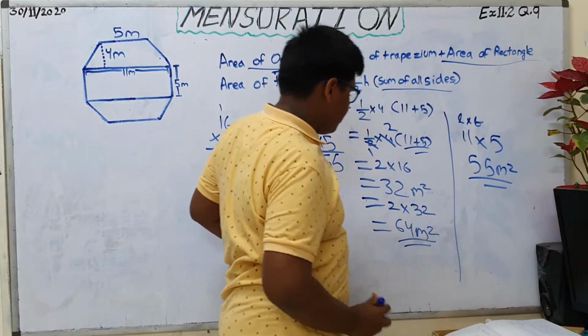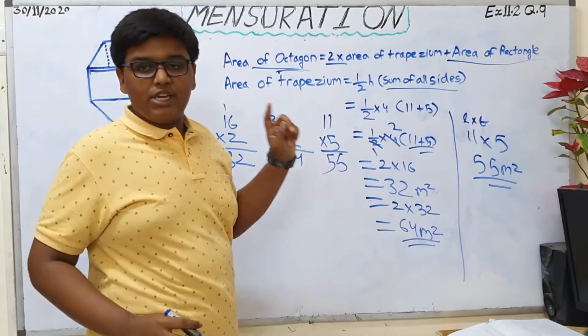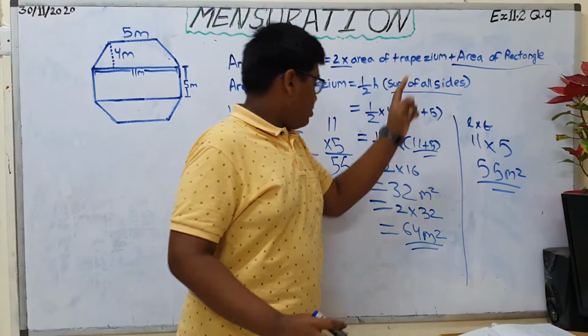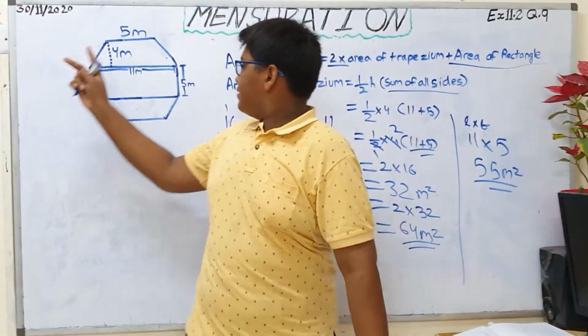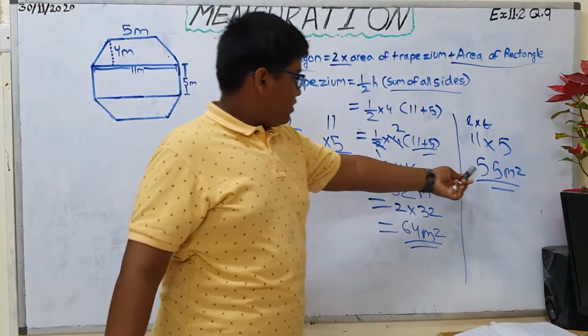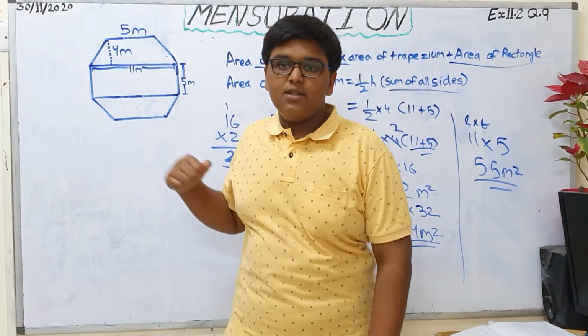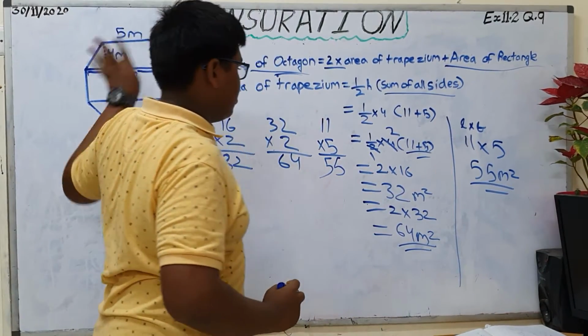Now what we are going to do, for finding the area of the octagon, we are going to add them both: the area of these two trapeziums, this 1 and 2 trapezium, and the area of the rectangle. Now we are going to add them both, the whole area.